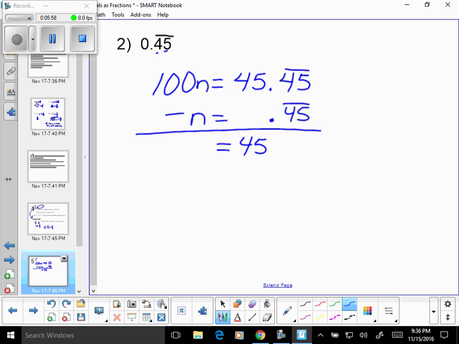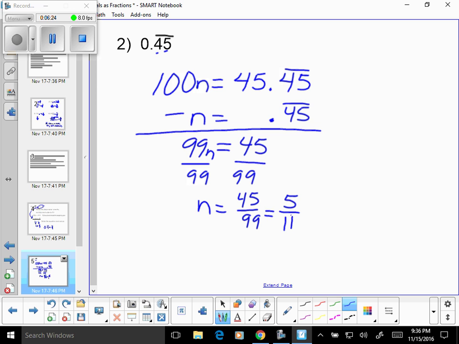And 100n take away an n leaves me with 99n. Notice I have a one-step multiplication equation. Divide both sides by 99, and n will equal 45 over 99 that I now have to reduce. I see a 9 in there right away because it's 9 times 5 and 9 times 11. So 5 over 11. Therefore, 0.45 repeating is equal to 5 over 11.